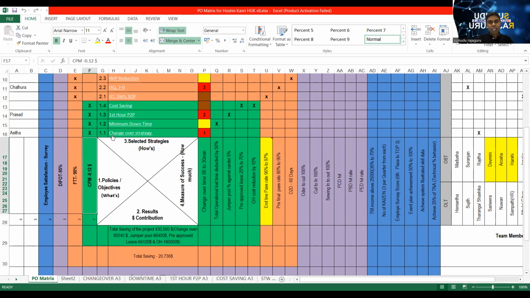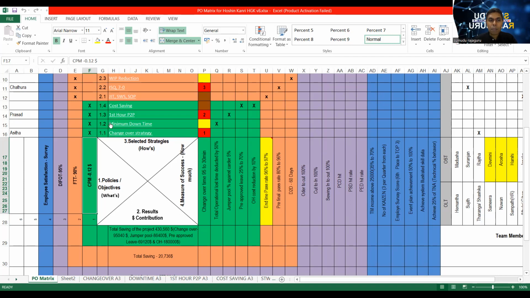Then for each strategy, the measurement points are also included here. As an example, for the changeover strategy, the changeover time goes from 95 minutes to 30 minutes. Currently the changeover time is 95 minutes, so the measurement point is that we are going to reduce it to 30 minutes.